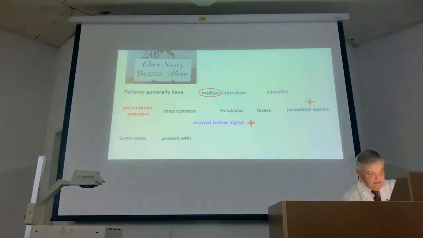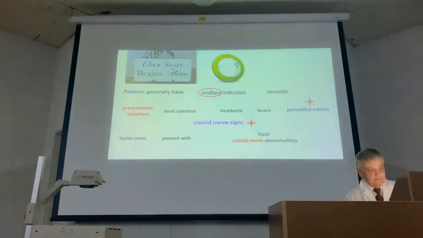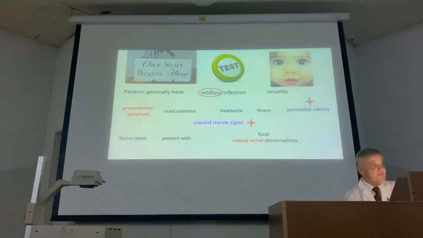Some cases, they pass with only focal nerve abnormalities. There's no periorbital edema. If the infection is mild, it affects cranial nerve number 3, oculomotor, or trochlear, and it passes away. Now we should test then the eye movements.